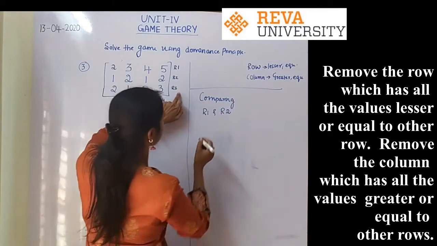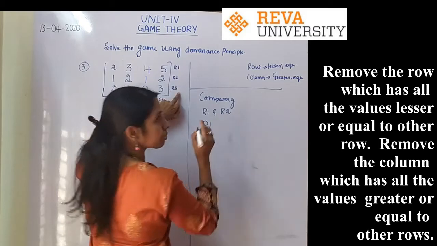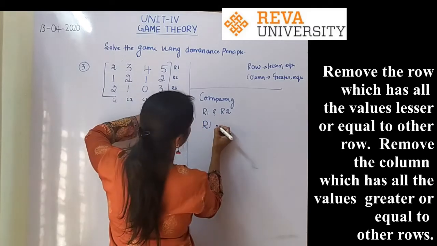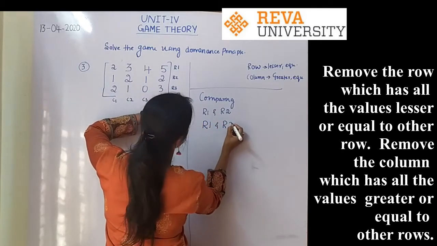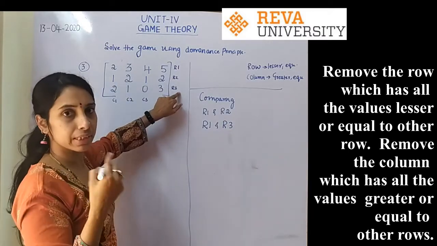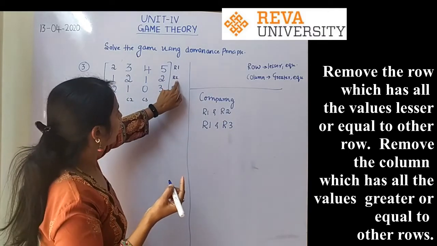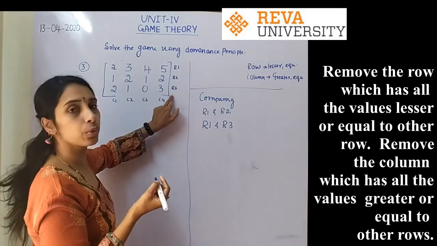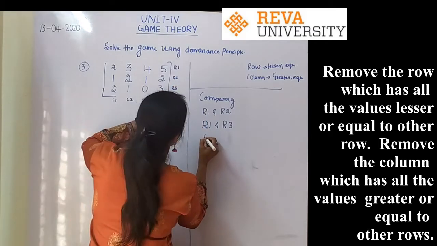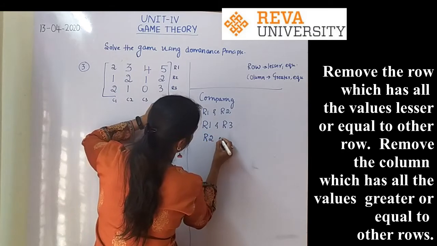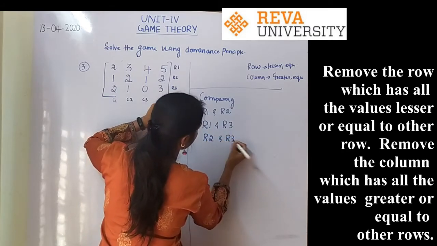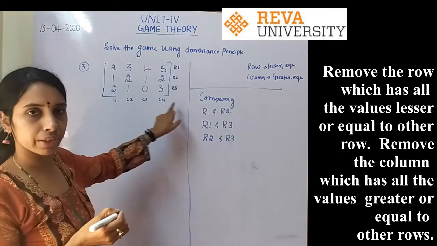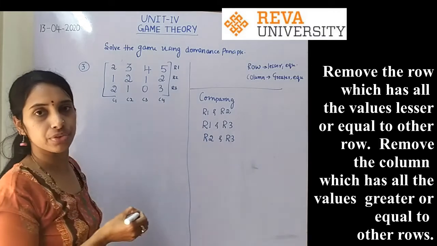Comparing R1 with R3. All possible combinations I will write. R1 with R3. So what are the other comparisons? R2 with R1, anyhow I am comparing here. R2 with R3. So later we'll write for the column comparisons.